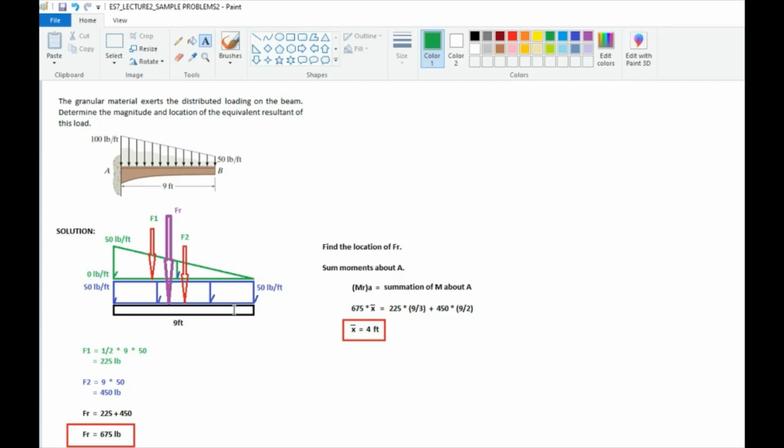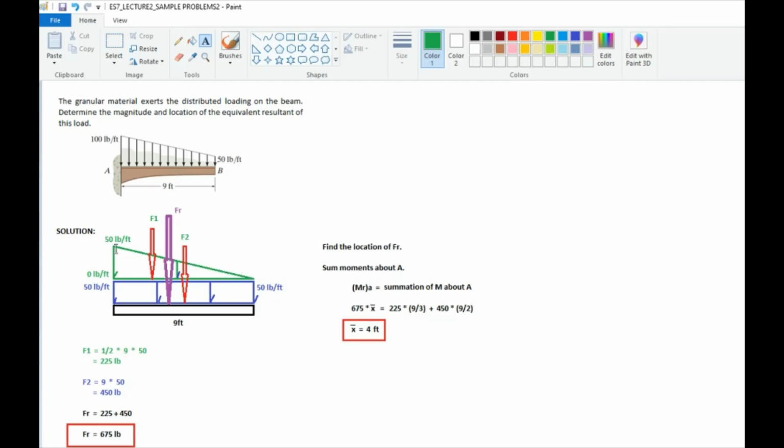Now, from this figure, ayun na nga, parang in-express into two loads yung ating trapezoidal load. So, meron tayong rectangular 50 pound per foot load and triangular na 50 pound per foot.